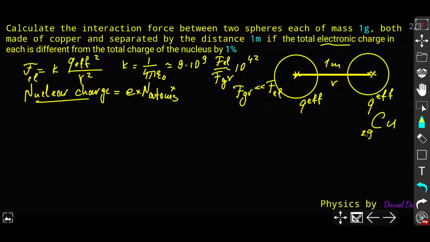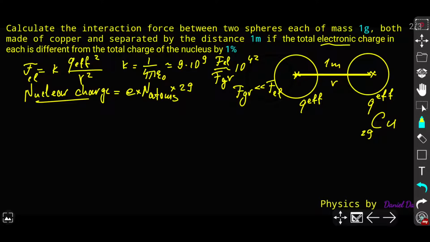So basically this is what is called the atomic number. So if it's 29, obviously for the total charge of the nucleus represented by 29 protons inside, we need to multiply by 29. All right, so I hope you got it, and we move next.